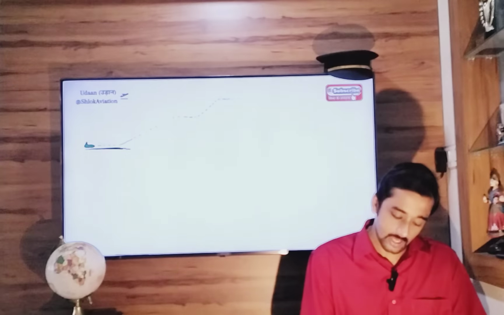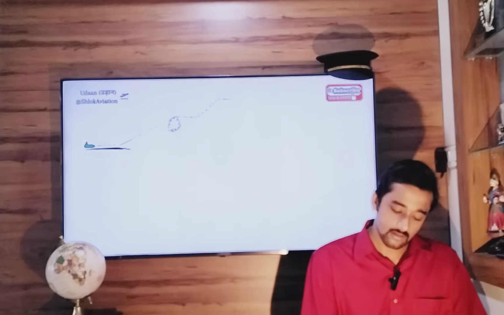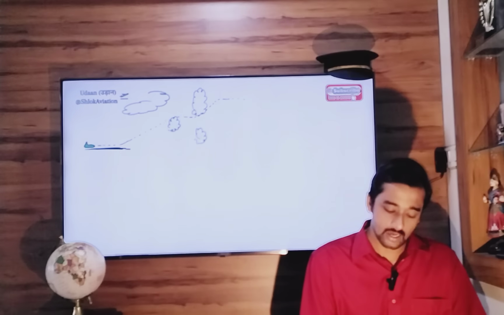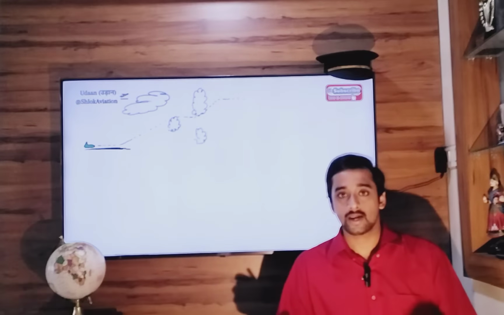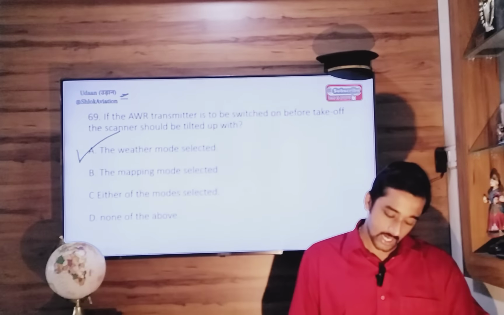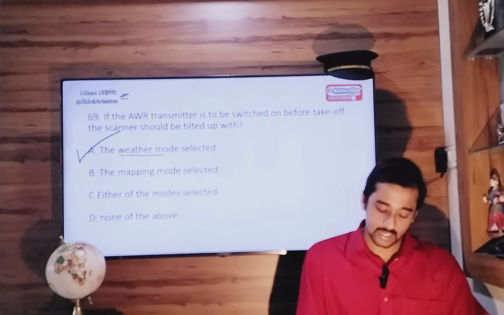There may be some dangerous clouds in its takeoff path. So it is very important for him to have an idea of the kind of weather that is going to be expected in his flight path. So the correct option here will be weather mode selected.